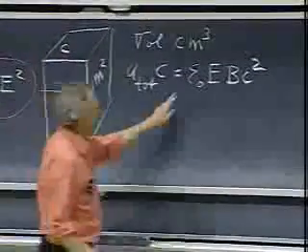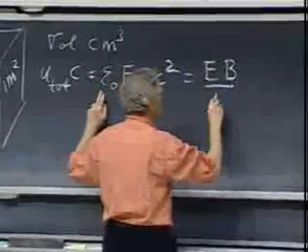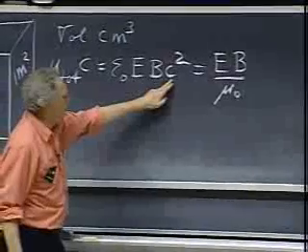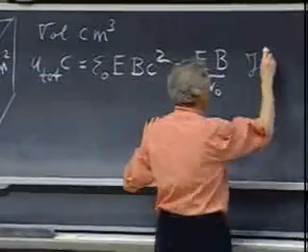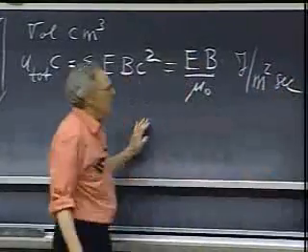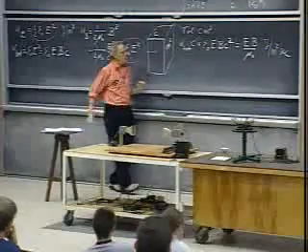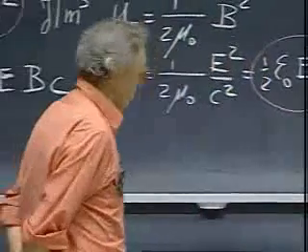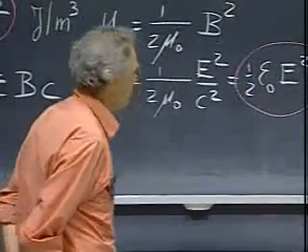And this, of course, is also E times B divided by mu 0, because c squared in vacuum is 1/epsilon 0 mu 0. And this now is joules per square meter per second. Because in 1 second, all that energy comes out, and I have already chosen 1 square meter area. Let me see whether I'm happy with that. Yes, I'm happy with that.